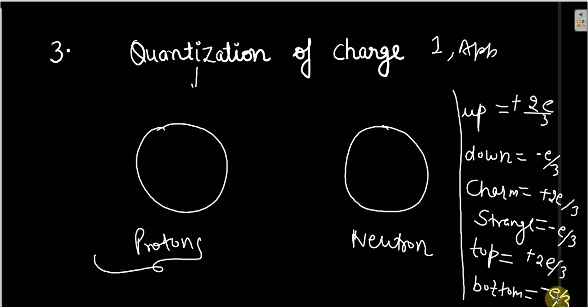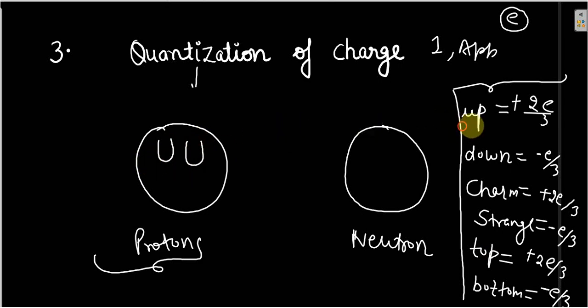But all these elementary particles do not exist independently, whereas the electron can exist independently. They will always exist in groups. So for example, we will take the example of the proton. The proton is formed by the combination of up particles.